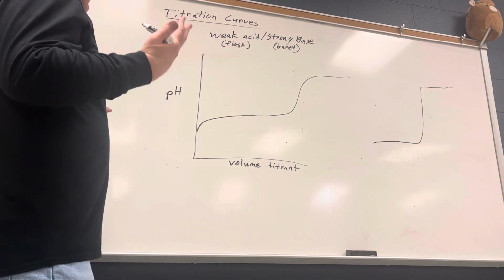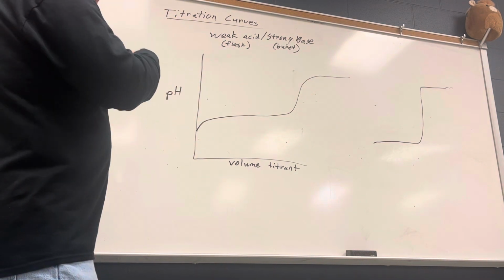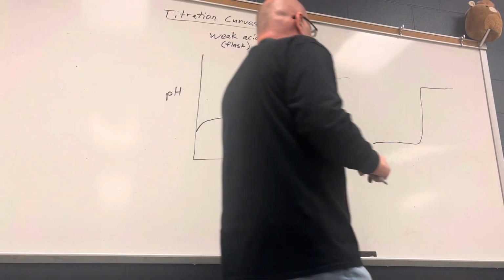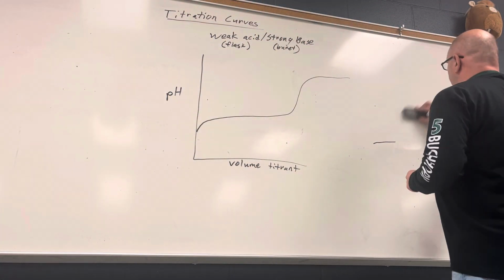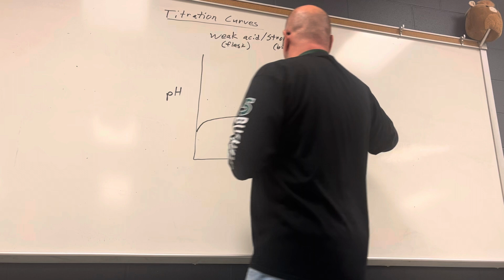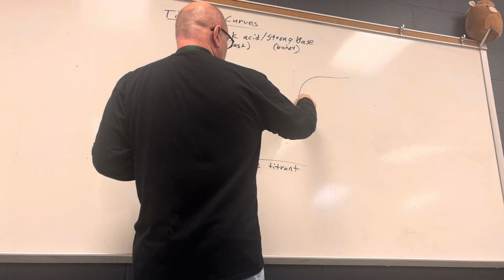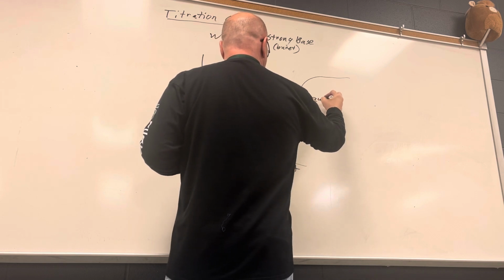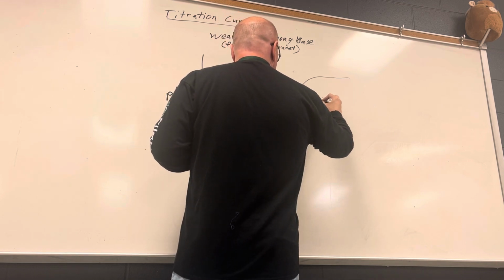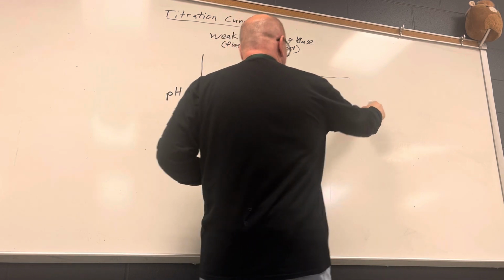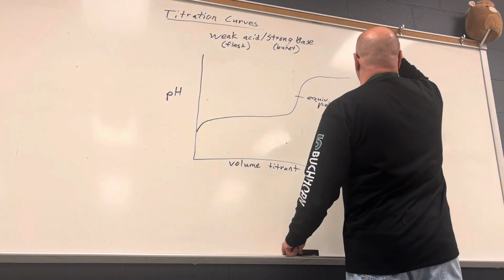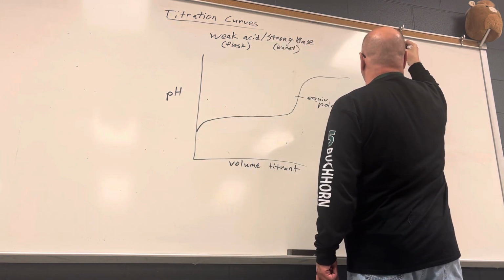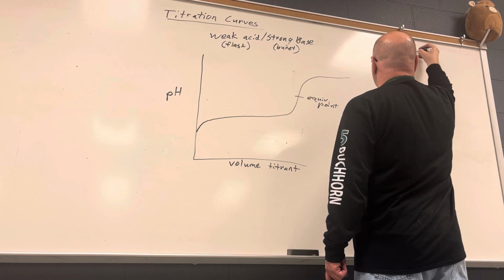Now, even if you suck at drawing like I do, the super important thing is the pH at the equivalence point. First off, where's the equivalence point going to be? Right there in the middle. So that's my equivalence point, and I'm going to do a hypothetical RICF table. Let's take a weak acid, let's say we're doing HF plus OH minus.